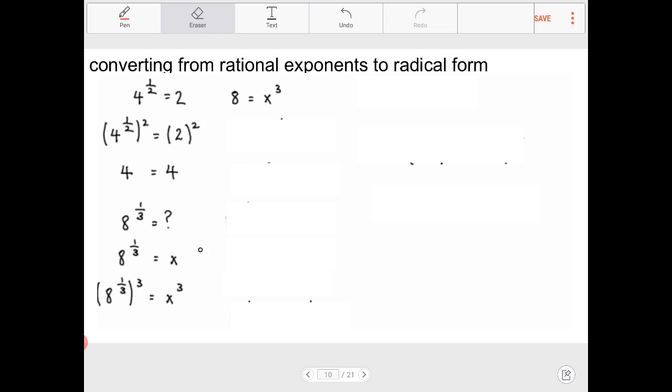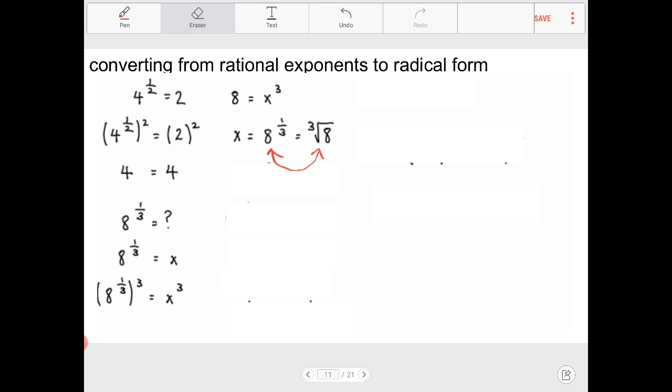So what's an alternative way of writing this? x is equal to 8 to the 1/3, yes, but 8 to the 1/3 is also equivalent to the cube root of 8. So this is our first connection between rational exponents and radical form.